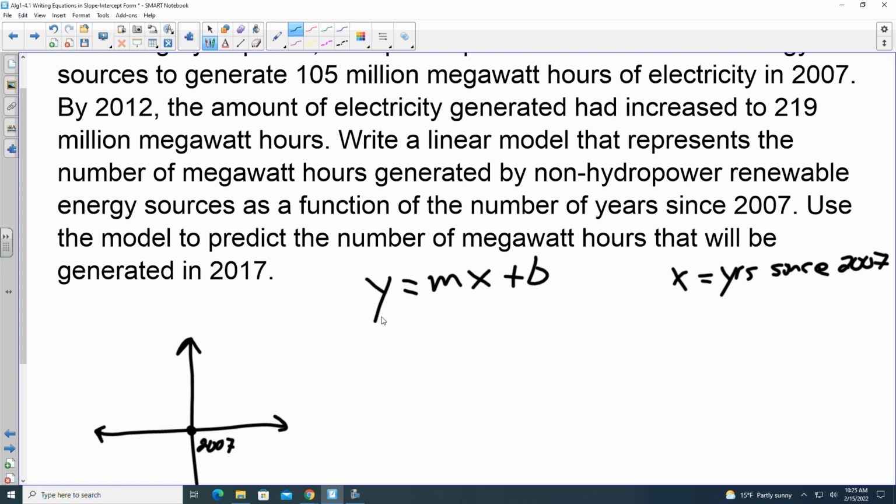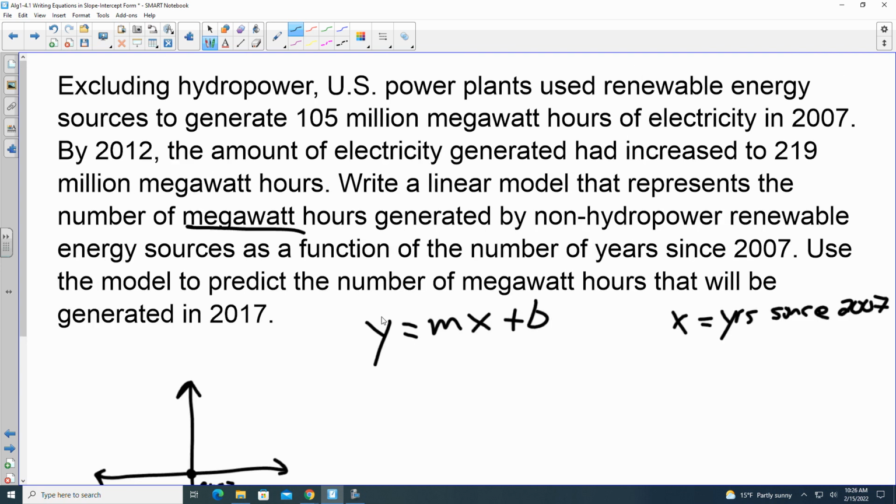And then my y value is going to be an indicator of how many megawatt hours are going to be generated in that year. So we have a couple of pieces of information. They said in 2007 that we got 105 million megawatt hours. And then they're saying here that in 2012 we have 219 megawatt hours.